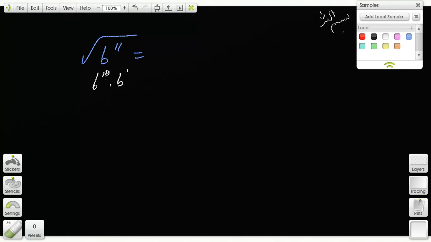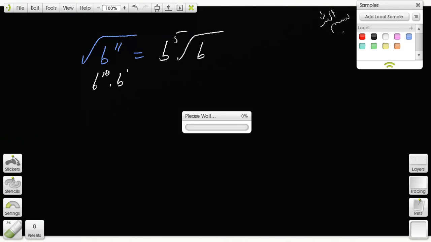Every even number can come out half of them, because if you have 10 pieces of bread, how many peanut butter sandwiches can you make? 5. So that's B to the 5th. How many left? Those 11 of them? 1. Does that make sense? Okay. We got that.